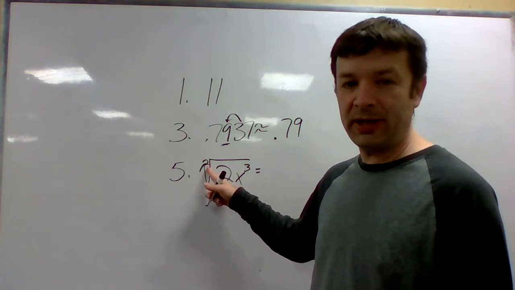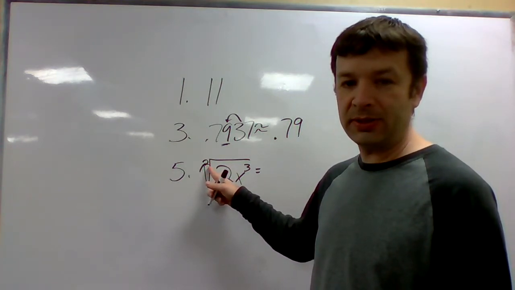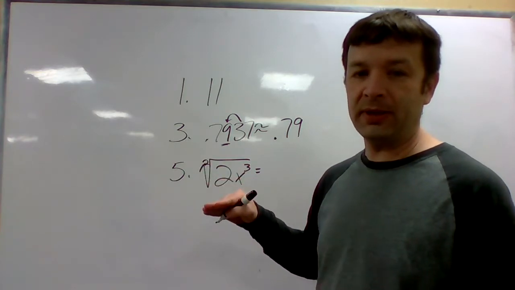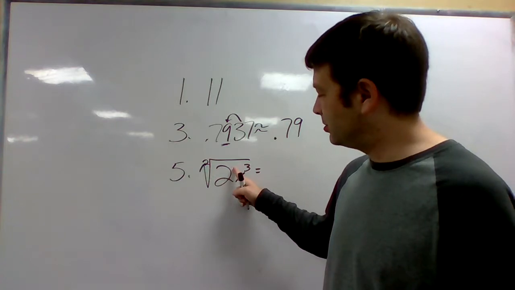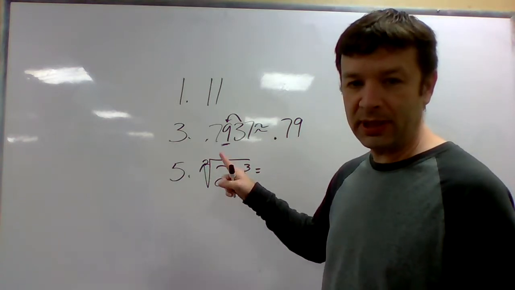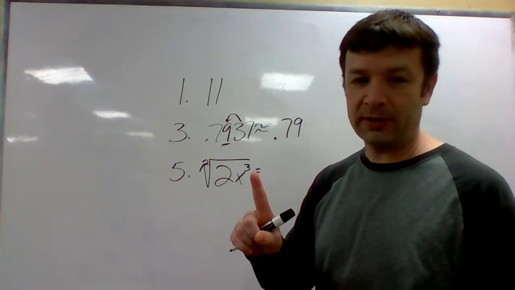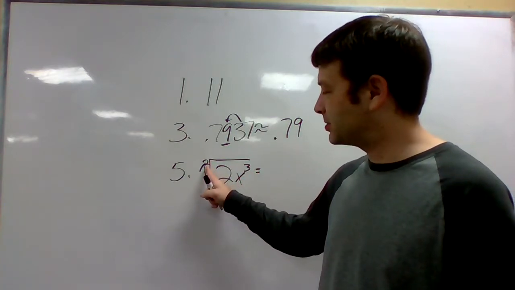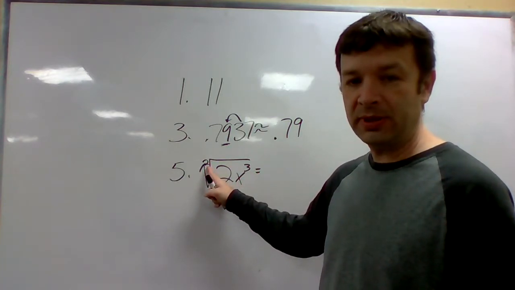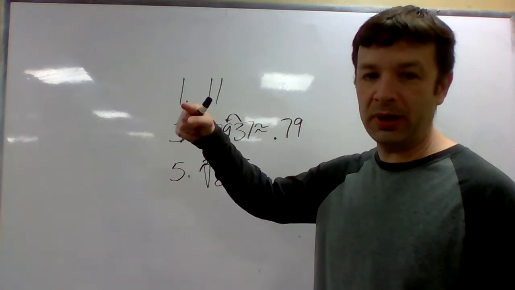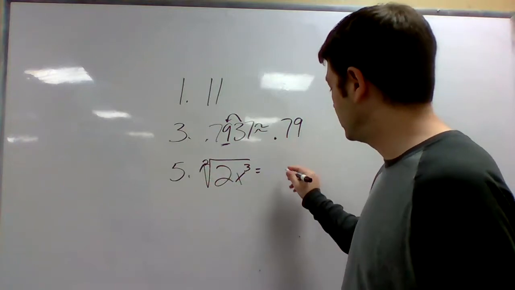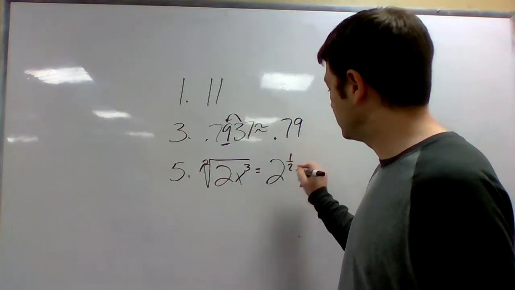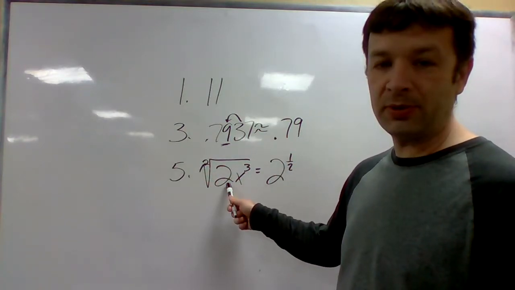Basically, this number out here is going to go in the denominator of our exponent. Okay, 2 does not have an exponent. That means it's like 2 to the first power. But since it's in this radical, it's like 2 to the 1 over 2. Okay, so this is 2 to the 1/2.